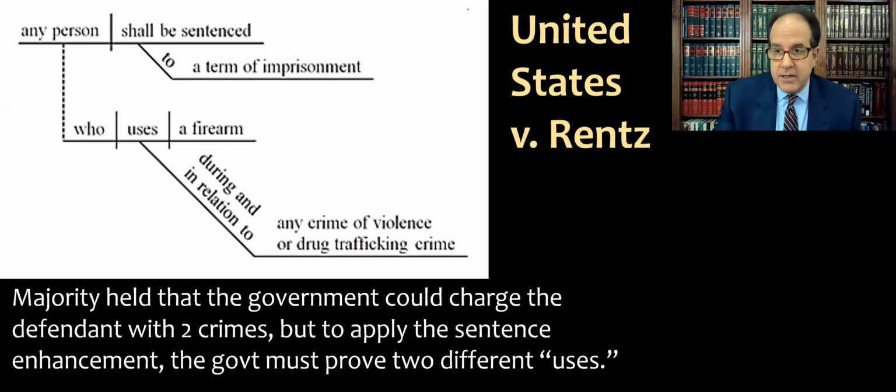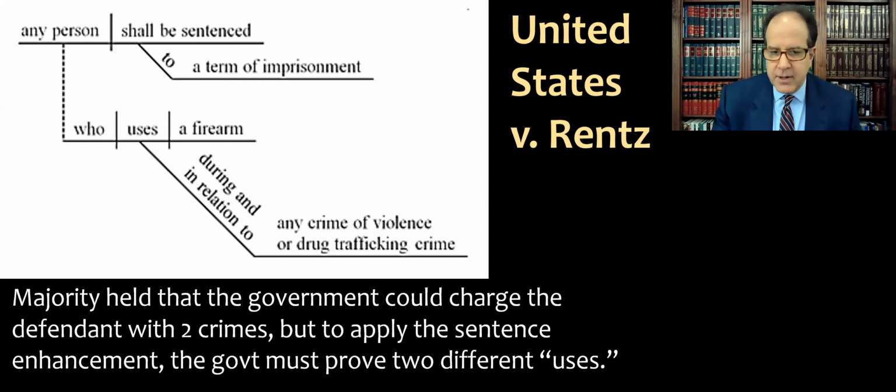This really mattered because each time a court applies 924(c) for a separate crime, these are going to be consecutive sentences, and it's a hefty enhancement. For Mr. Rentz, this was the difference between a 5-year sentence and 25 to life. So the distinction really did matter, and that's why it goes up on appeal to the 10th Circuit.